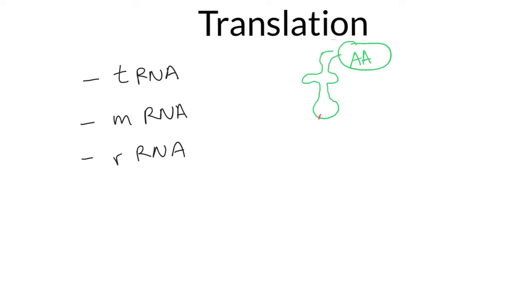Okay, but three of the nucleotides are specifically designed or located in an area where they can bind with the messenger RNA. Okay, so the messenger RNA is just a single strand with a cap and a tail.